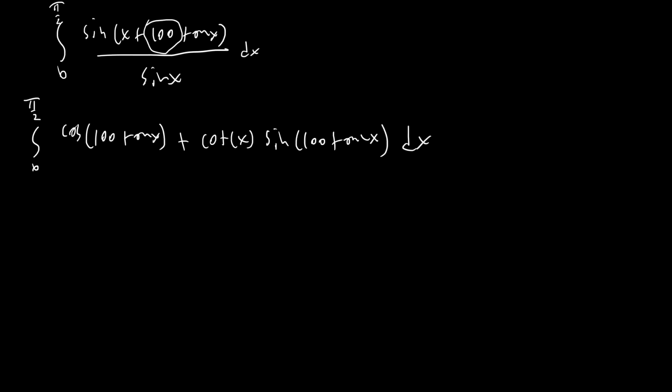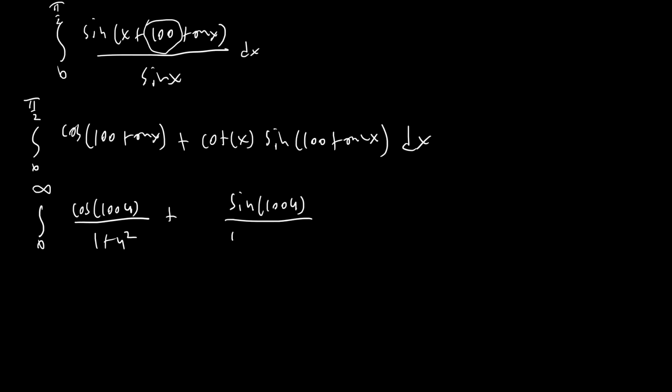And so here, what I'm going to do is just u equals tangent x, because then we get a nice integral from 0 to infinity. So we're going to get the integral from 0 to infinity of cosine of 100u over 1 plus u squared from our differential, plus sine of 100u over u times 1 plus u squared, because cotangent x is just 1 over tangent x.